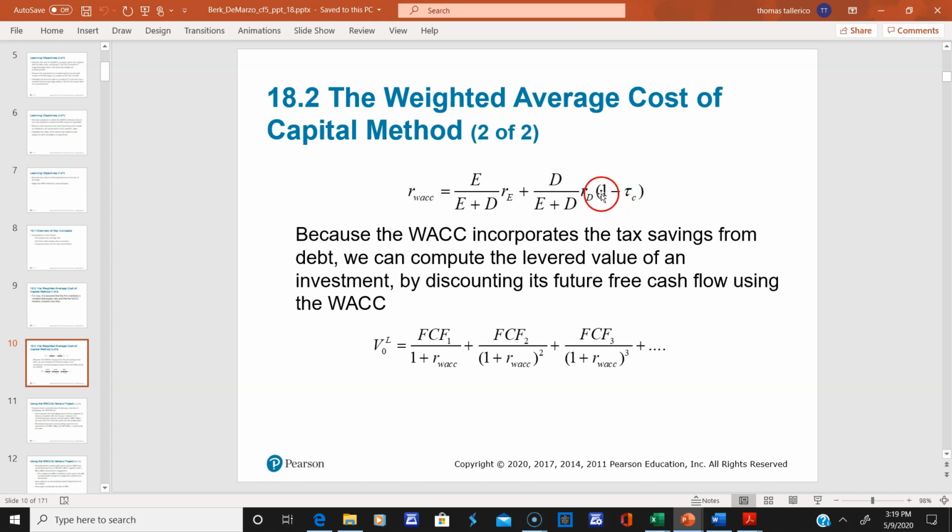So this is leveraged. We're going to value a project here, or even a corporation, by the weighted average cost of capital method. And here's how we determine the weighted average cost of capital. It's weighted by how much equity we have and how much debt we have.